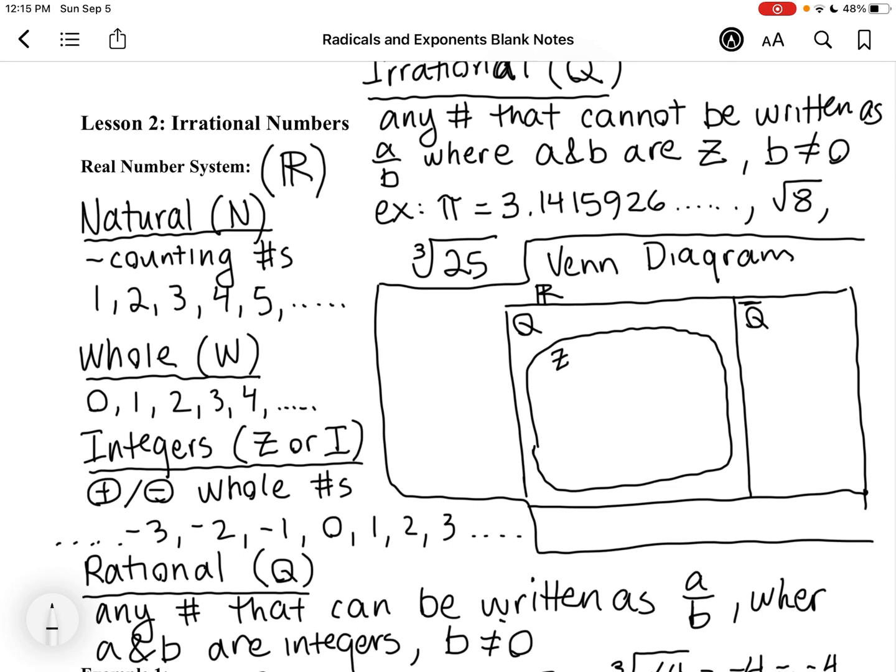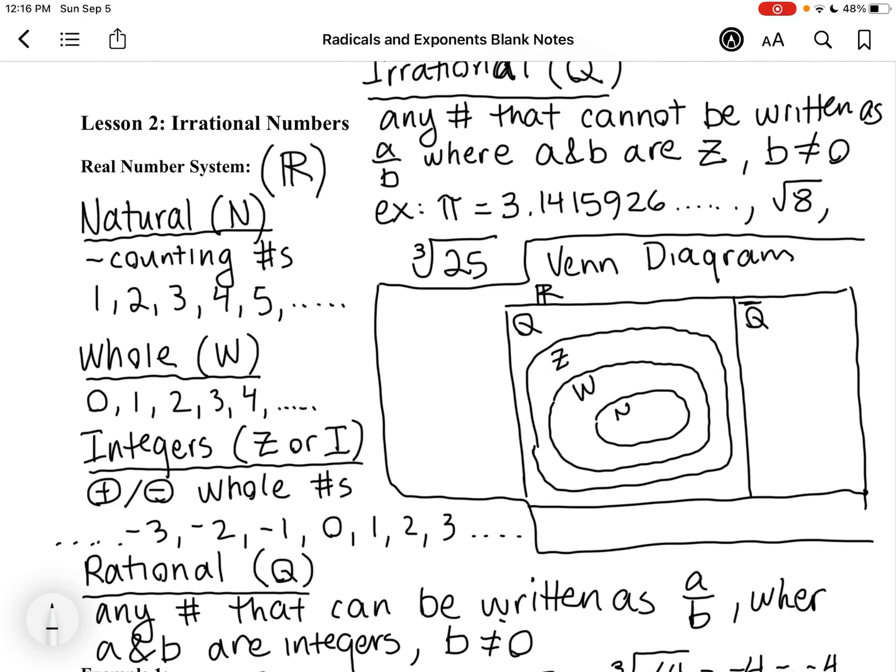All whole numbers are also integers. So the whole number set is actually contained in the integers. And then, of course, all natural numbers are also whole numbers. So natural numbers are the smallest set, and they go right there.